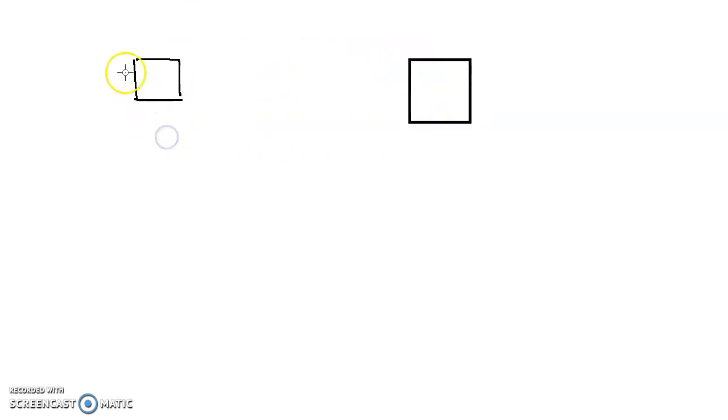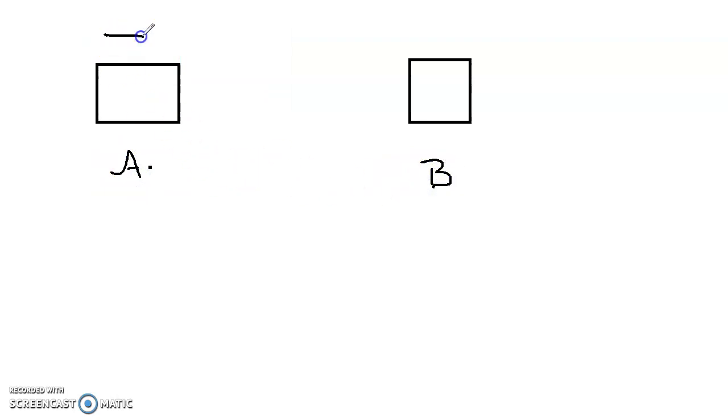Let's name them A and B. Now they are moving towards each other.